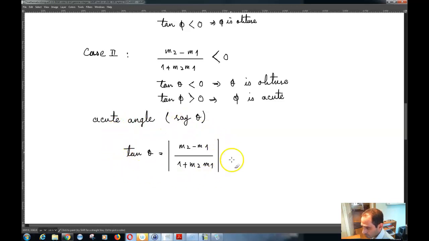That is going to give me a positive value, whether this is negative or positive. And then the tan function is going to give me the acute angle.